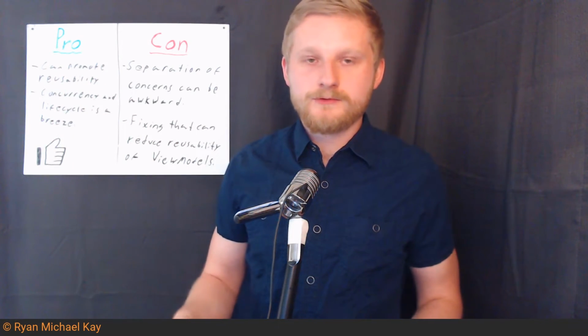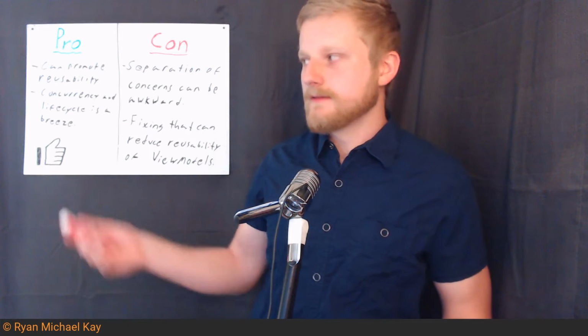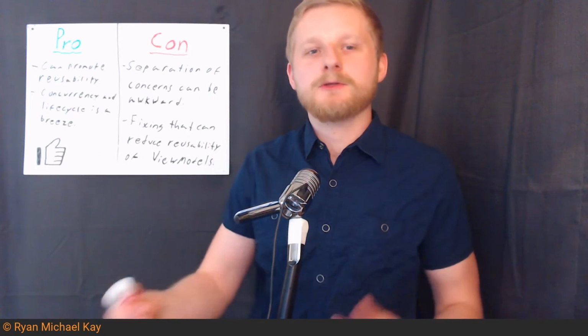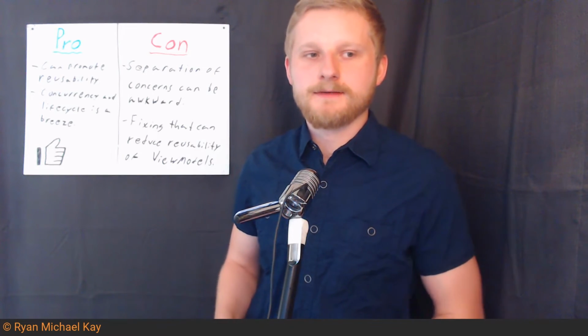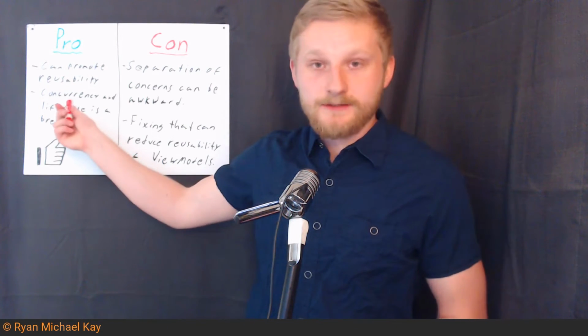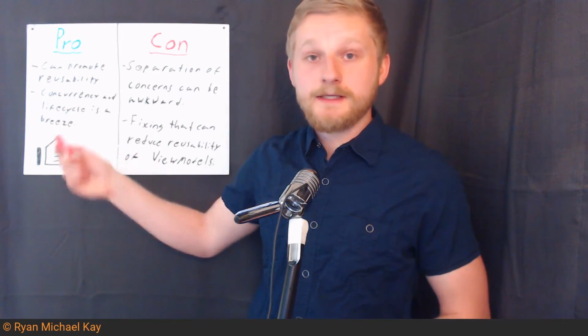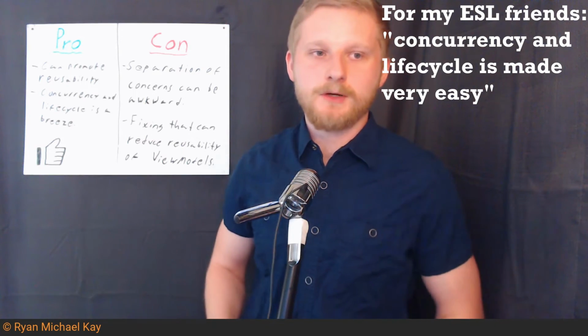A side benefit is, of course, you are applying some kind of separation of concerns by separating these things out, so you're going to get some benefits to testing and modularity as well. And one important feature, which is specific to Android's tools, the Android architecture components and Jetpack, is that concurrency and lifecycle really is a breeze when you apply this particular architecture and you use their components.